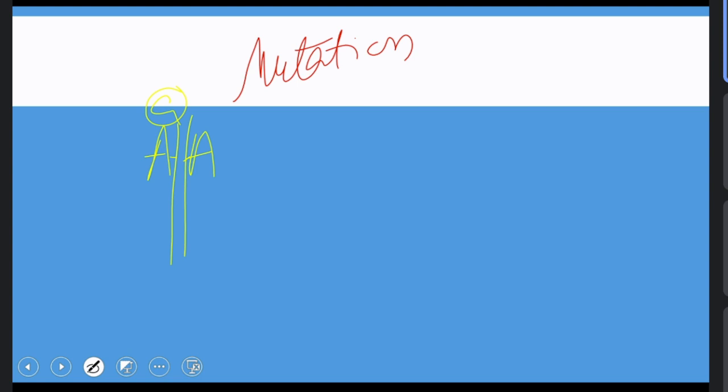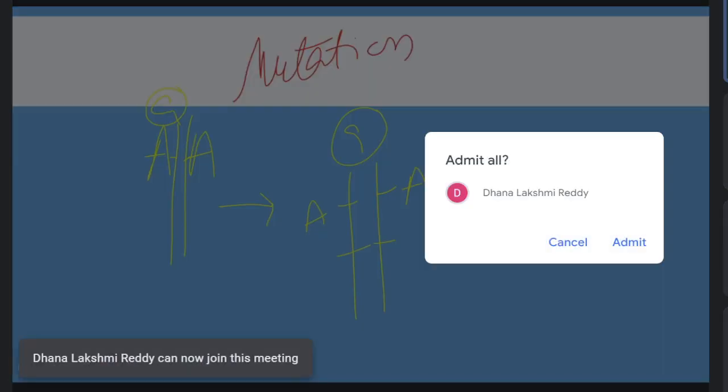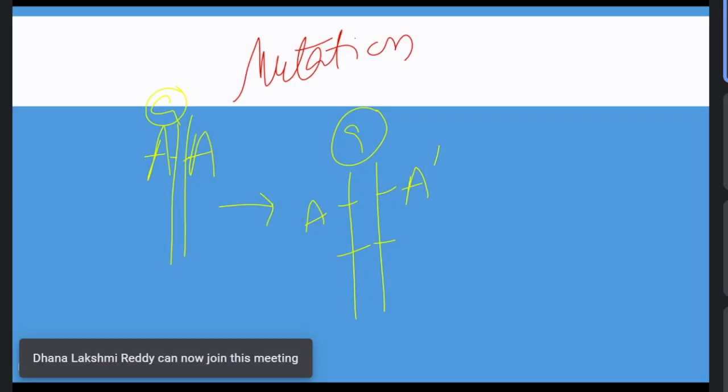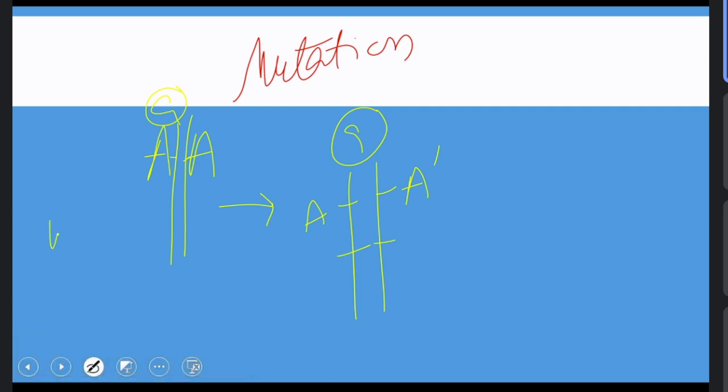Now what happened in the same person during the formation of gametes in the testis? On the ninth chromosome, a mutation occurred, and let's say A gave rise to A dash. I have told you before that there are two genes.